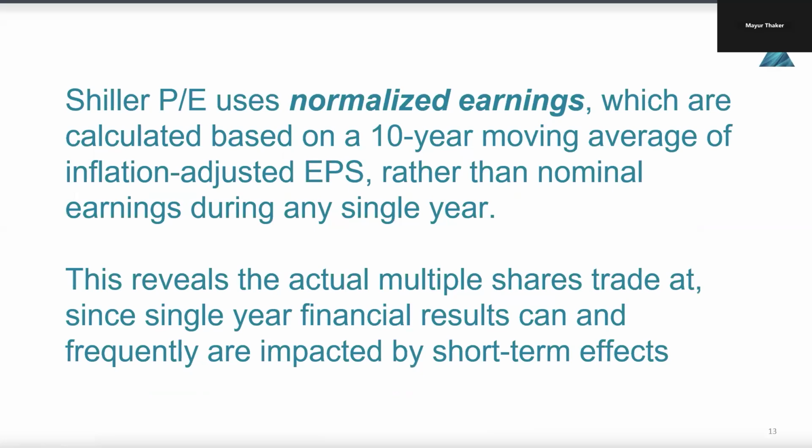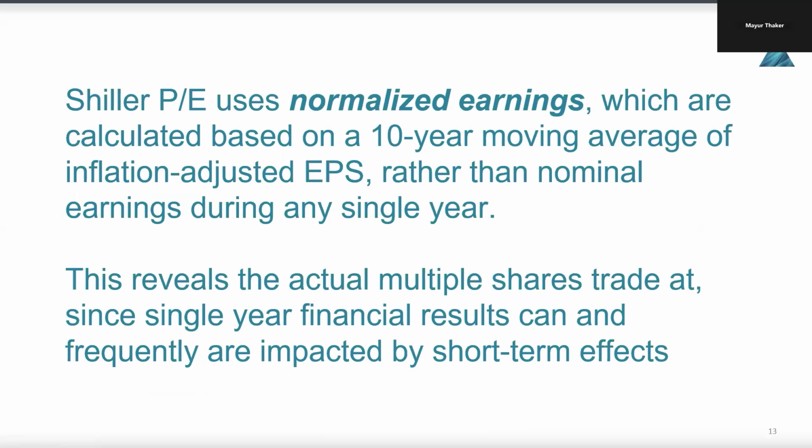So again, Shiller uses normalized earnings. Again, if you were to define that, it is basically calculated based on a 10-year moving average of inflation-adjusted earnings per share rather than nominal earnings during any single year.